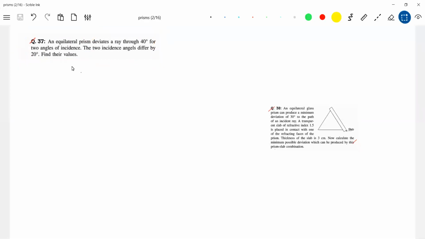An equilateral prism deviates a ray through 40 degrees for two angles of incidence. The two incident angles differ by 20 degrees. Find their values. Don't go for a diagram. Drawing a diagram every time may not be advisable, especially in the mains exam. So straight away write the equation. What is the expression for deviation? Incident angle plus emergent angle minus A. Deviation is 40 degrees.